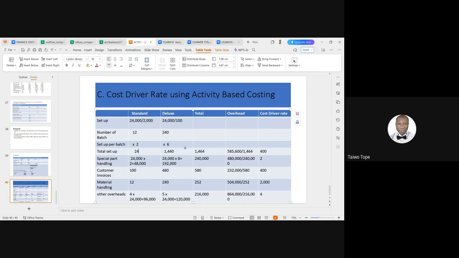So if the rate of 1 setup is 400, what will be the total for 24 setups? 9,600. So how many units did you produce under standard? 24,000. So we want to prorate 9,600 over each of the units. What will now happen?